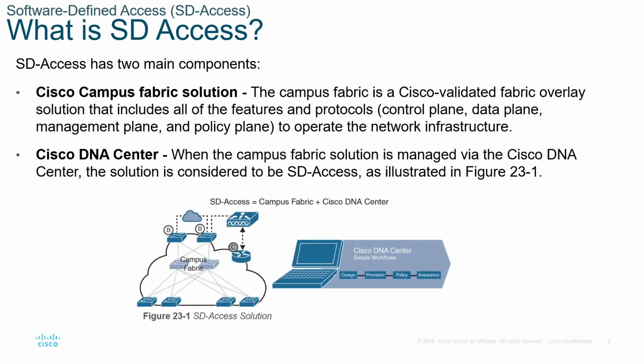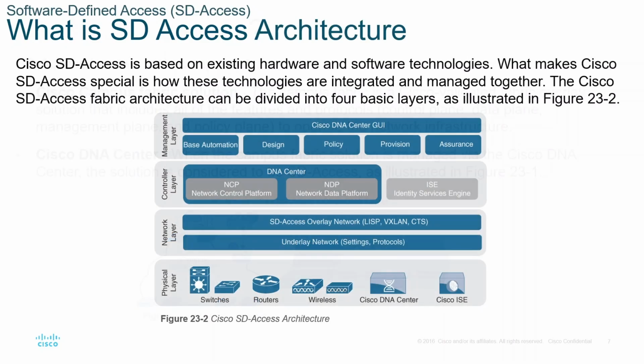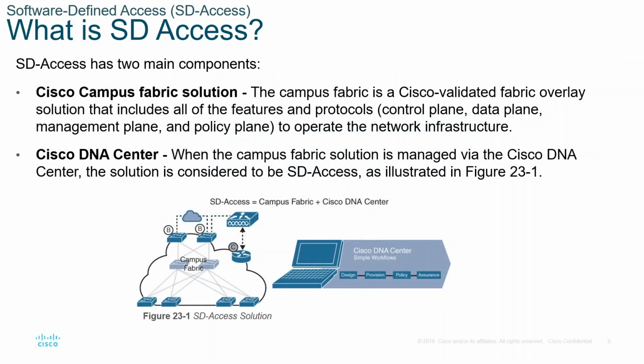Now SD-Access is basically your switch. After Cisco DNA, when the fabric is managed, you will have another console where you can see from your DNA Center: design, provision. So SD-WAN will see everything.